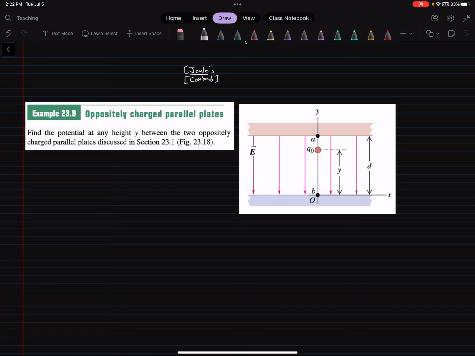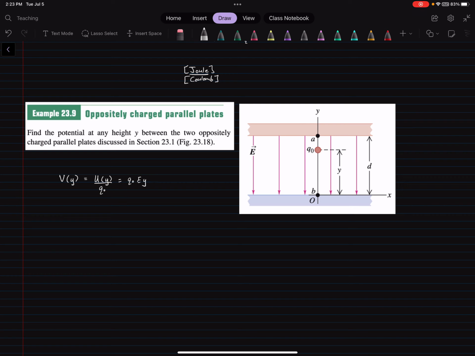The potential V as a function of y is simply the electric potential energy as a function of y divided by Q naught, which is simply Q naught E times y.